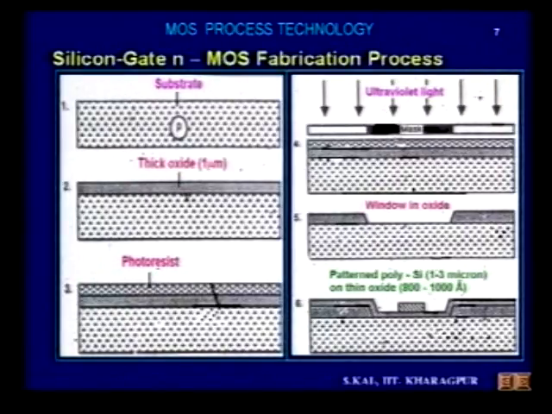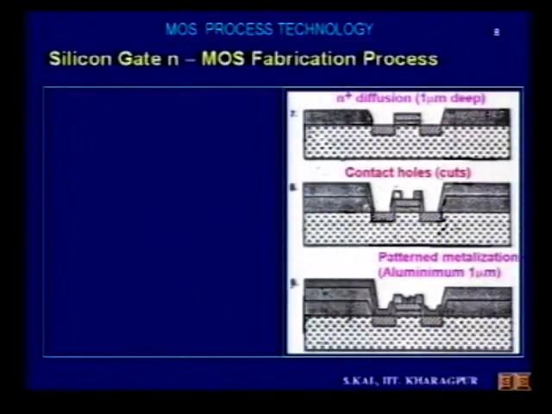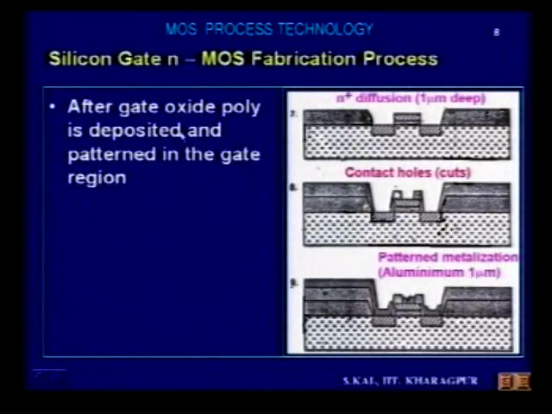So that's why when you are doing high energy, high dose implantation, it is done through thin oxide layer, not bare silicon. Next is N diffusion, 1 micron deep. Source drain is formed here.